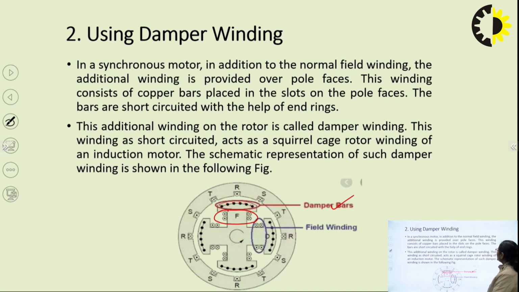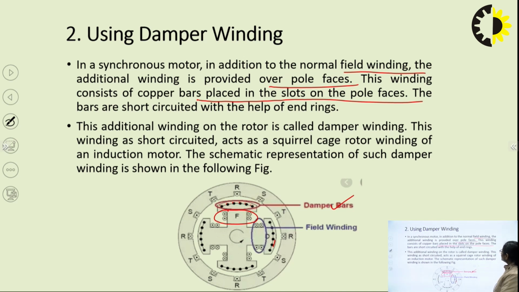So in addition to the normal field winding, a winding is provided over the pole faces. This winding is said to be the damper winding. The winding consists of rotor bars which are placed in slots over the pole faces. These are the slots provided over the pole faces, and in these slots are placed the copper bars.